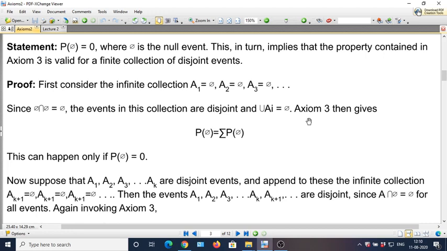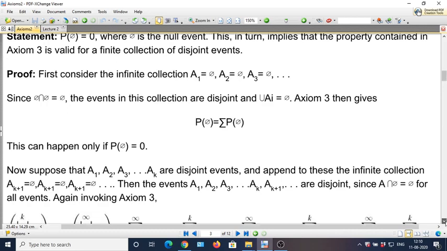Then from axiom 3, this gives that the probability measure of this set psi is the sum of the probability measures of the Ai's which are individually disjoint. So we have this relation P of psi is equal to sigma P of psi, and this can happen only when P of psi is equal to 0, given the fact that all probability measures are non-negative numbers.